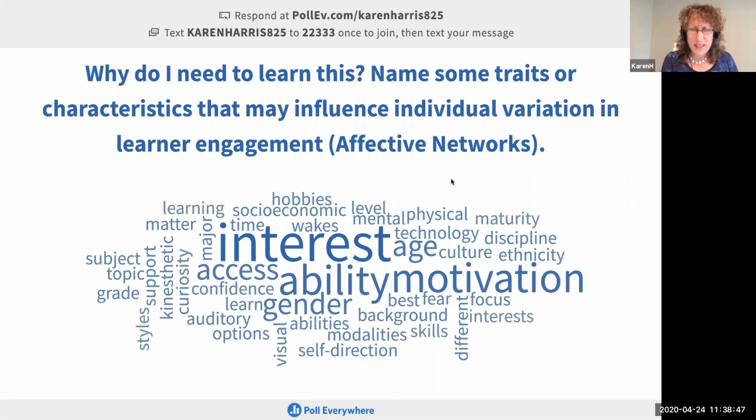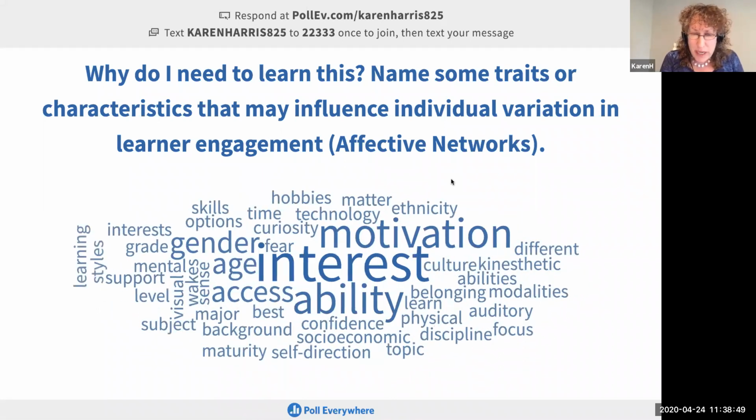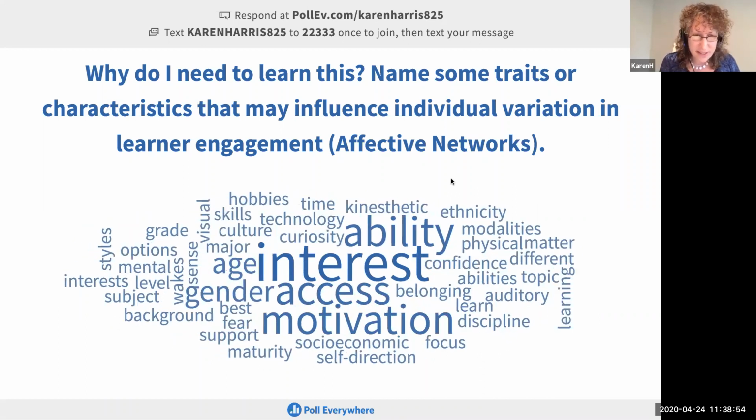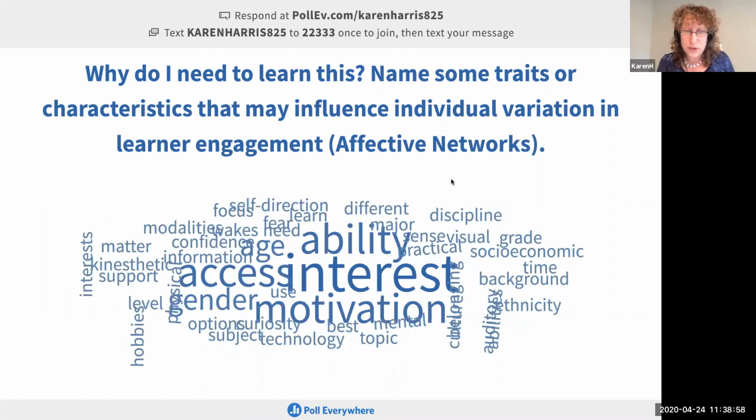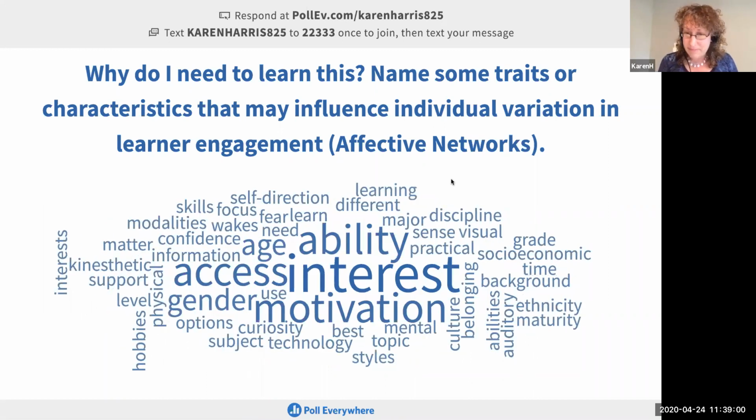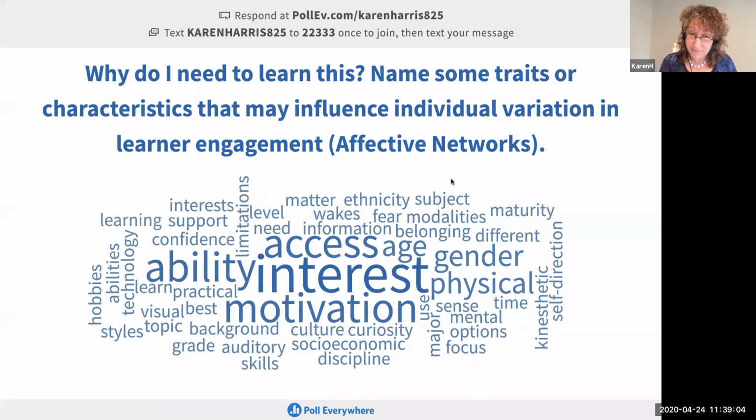Seeing some good things: hobbies, socioeconomic levels, learning styles. Some people might be visual learners, culture, maturity. I like that one. Looks like interest takes center stage, which is absolutely the center word for affective network.